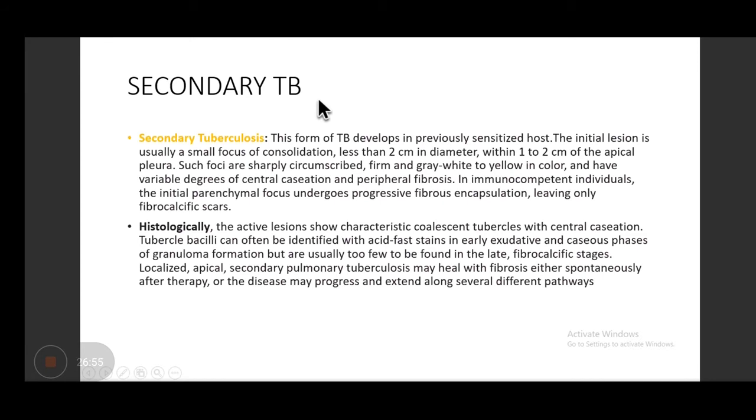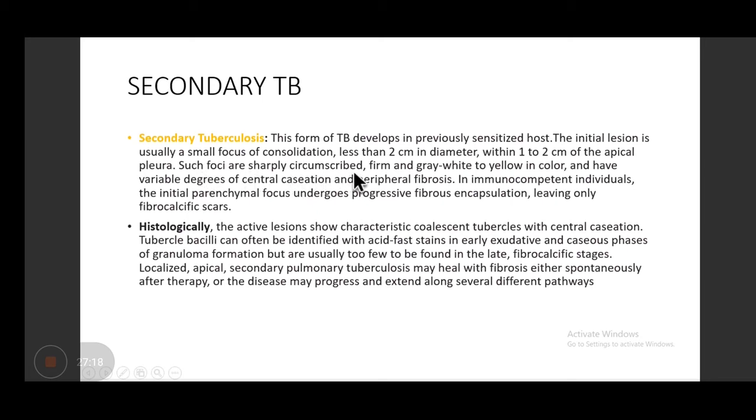Now, secondary TB is the form of TB that develops in a previously sensitized host, and mostly it will be more aggressive as compared to primary tuberculosis. The initial lesion is usually a small focus of consolidation, less than 2 centimeters in diameter, within 1 to 2 centimeters of the apical pleura.